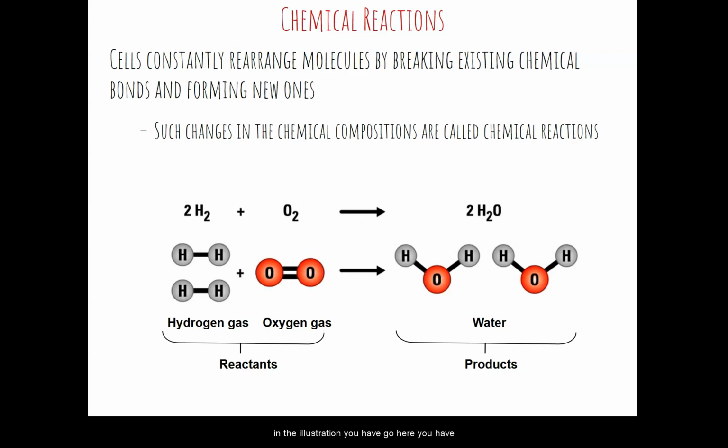So in the illustration you've got here, you have two hydrogen gas molecules and an oxygen gas molecule. The bonds between the hydrogens break and the bonds between the oxygens break, and you get reforming of new bonds between oxygen and hydrogen to form two water molecules. The reactants were hydrogen and oxygen. The product is water.